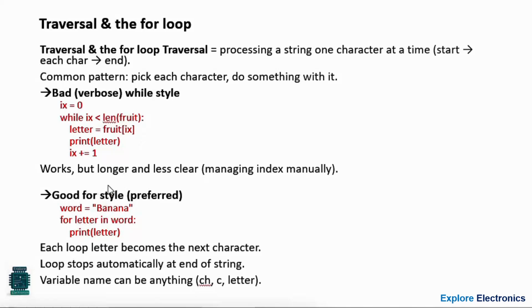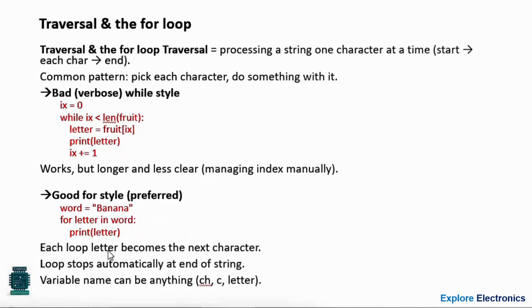For example, if I take this example, it is very good, very clear. I can easily understand what exactly I have taken here. That's why this style is preferred. You have to take variable names and terms in the code that are understandable and very clear.